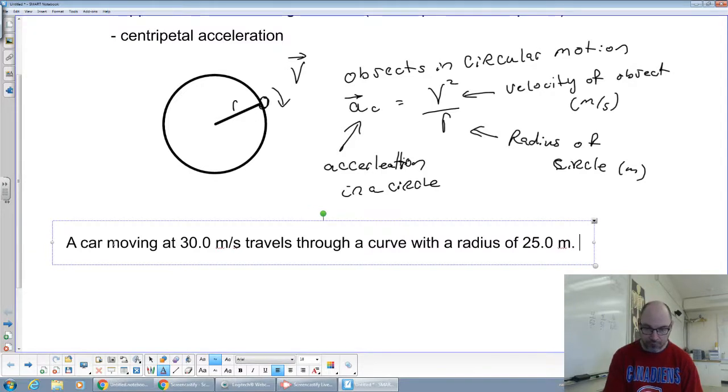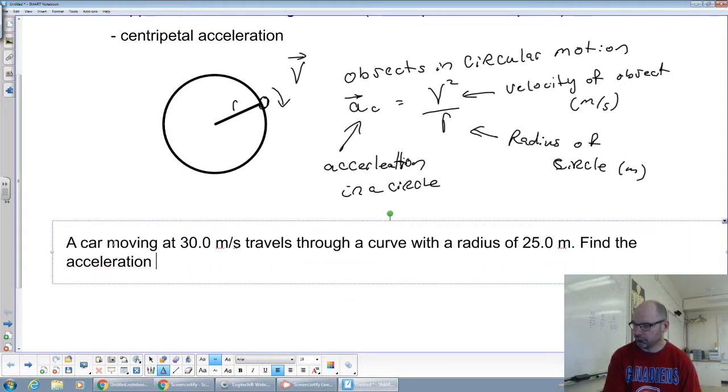Find the acceleration of the car in the curve, even though it's a circle.